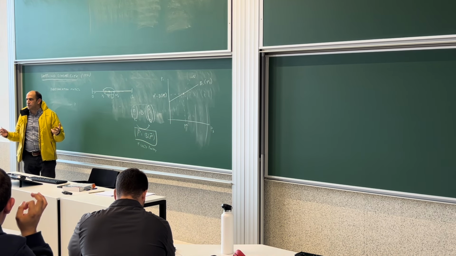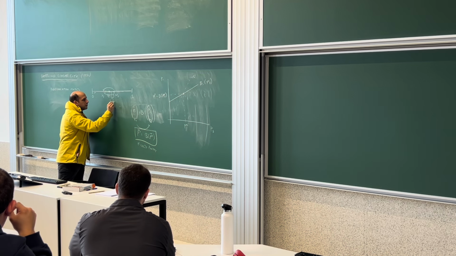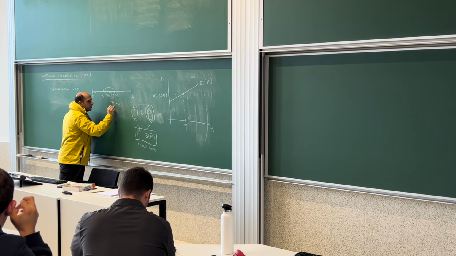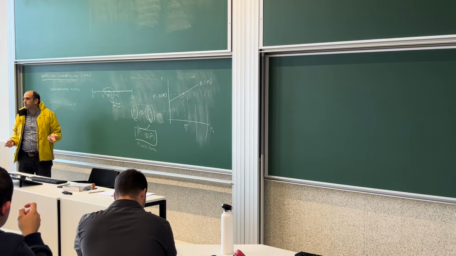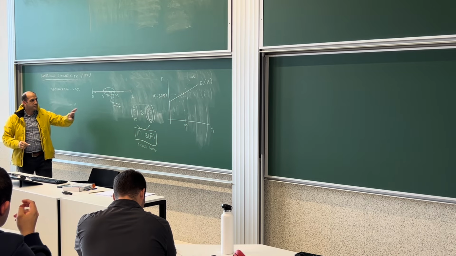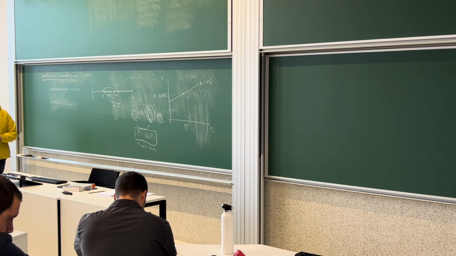Nobody has an incentive to change, right? So this one is a fixed point of the best response functions, and therefore it's a Nash equilibrium. Okay? Of the pure location model.